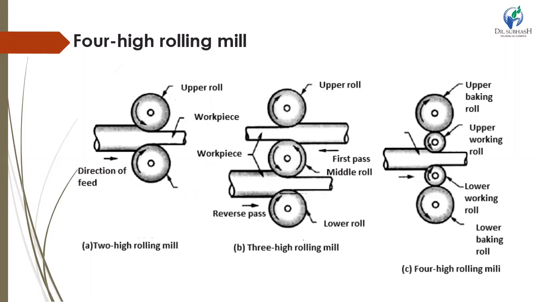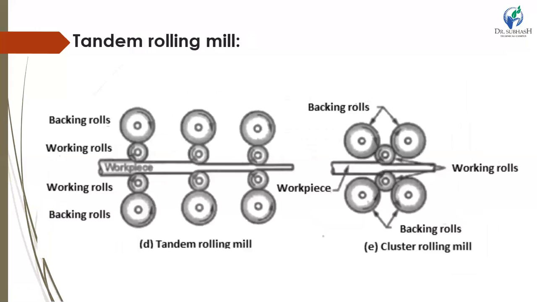The smaller diameter rolls are called working rolls, which concentrate the total rolling pressure over the metal. In common products, these mills are used in both the hot rolling process and the cold working process.